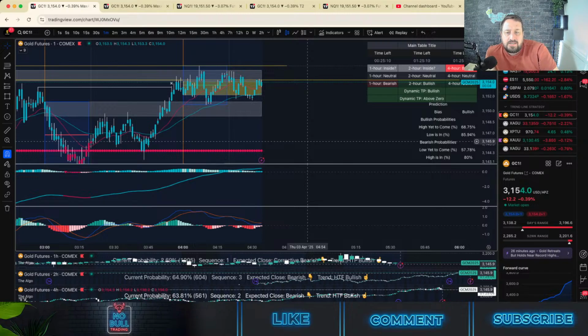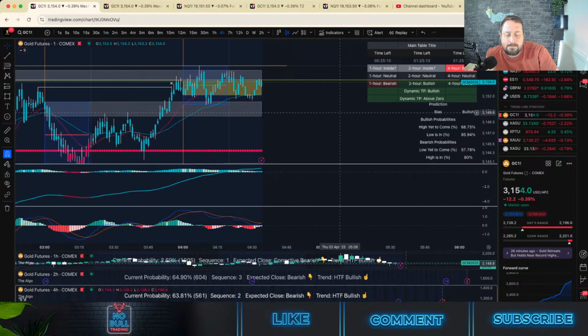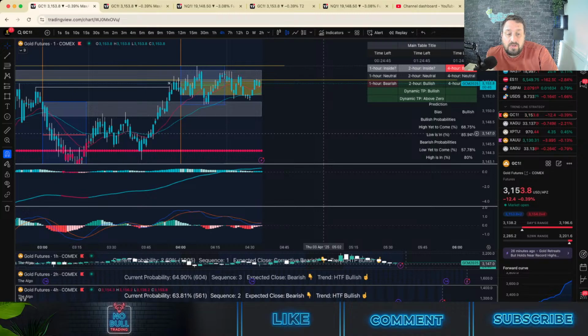Two great trades yesterday on gold. And then obviously yesterday I was calling out for NQ to transition bullish. If you waited on that, well done. Some great trades off that NQ long when we came back above.